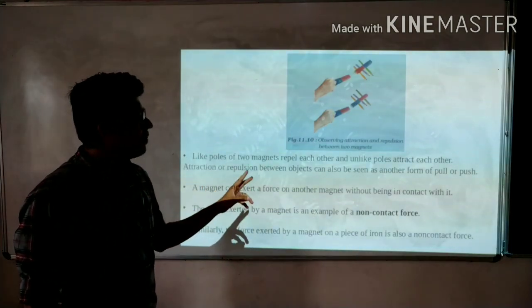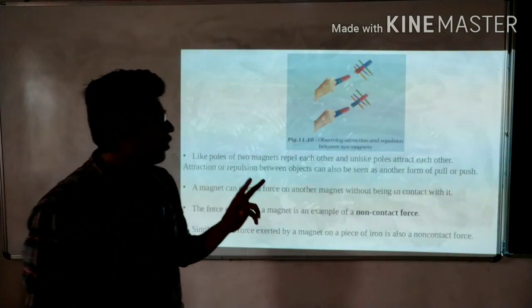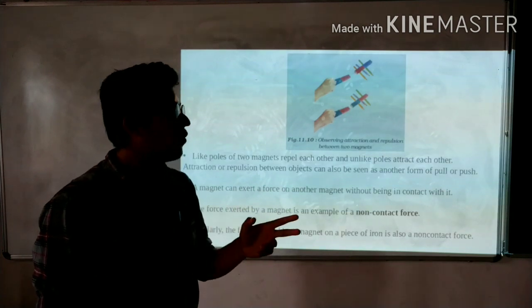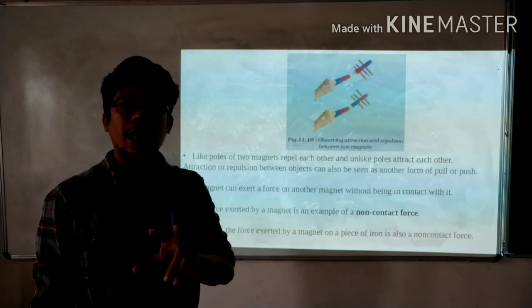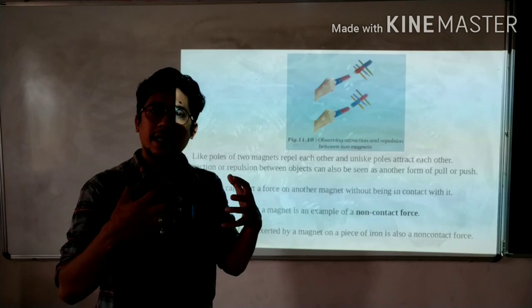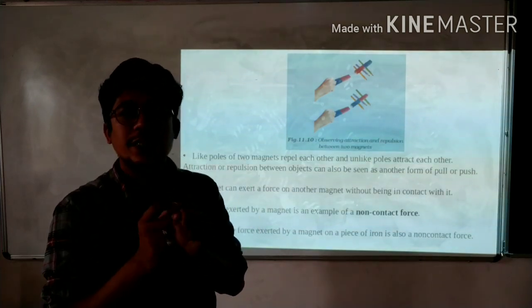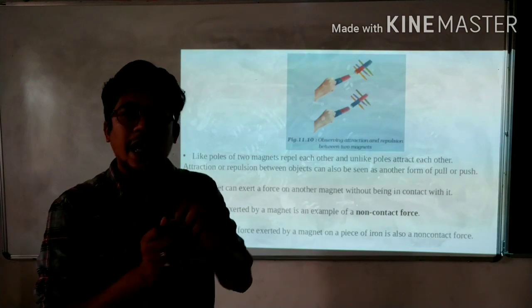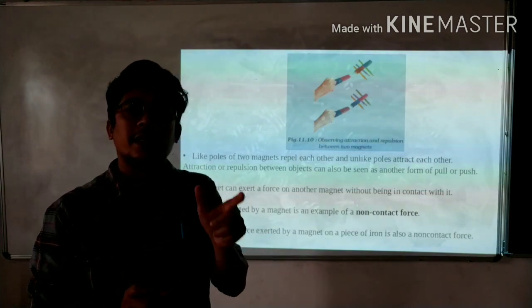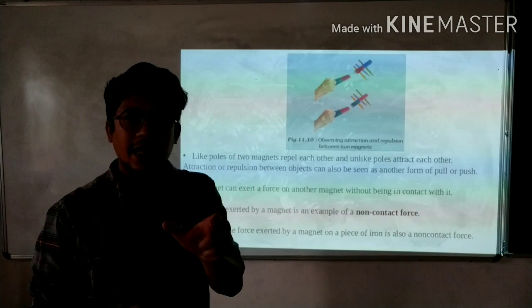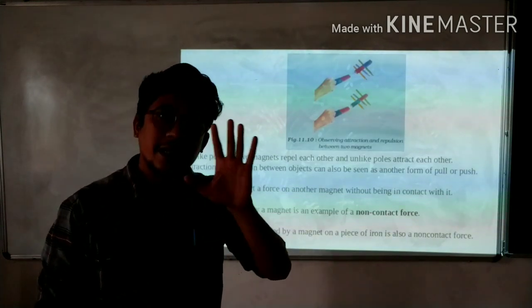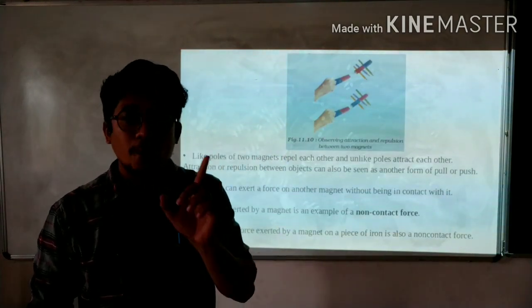Attraction or repulsion between objects can also be seen as another form of pull and push. If both magnets attract each other, such a force is known as a pulling force. And if both magnets repel each other, then such a force can be considered a push force.